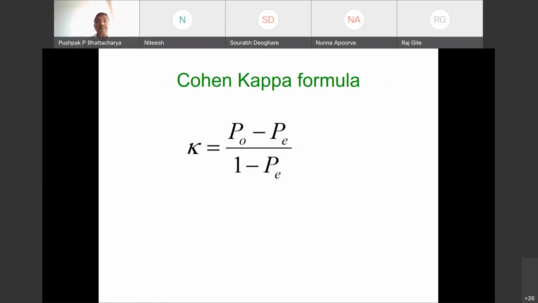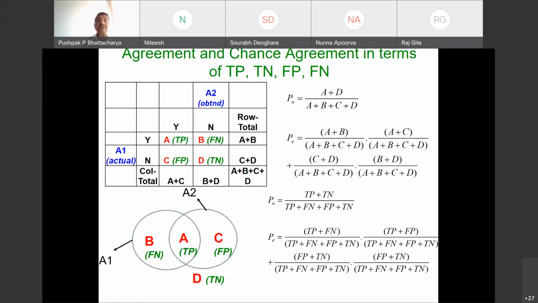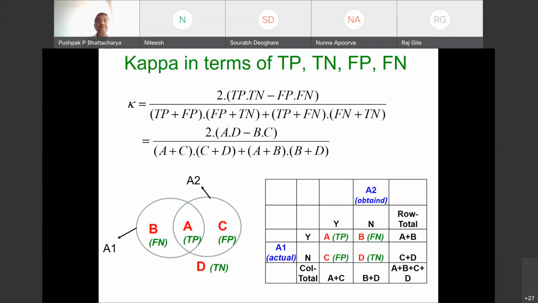Let's proceed. Now, we can also relate Cohen Kappa to precision, recall, and so on.